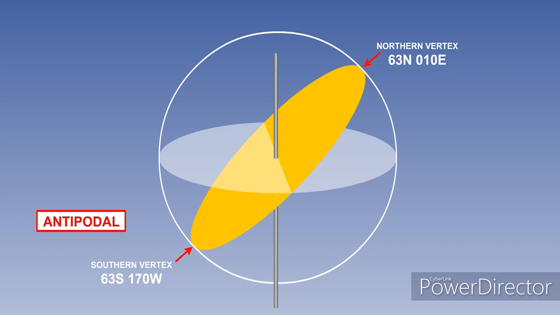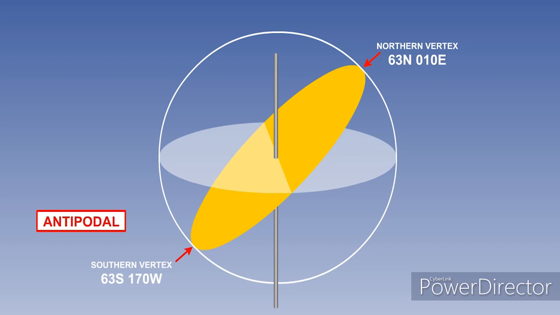In this example, the northern vertex is on the 10 east longitude meridian, and the southern vertex is on the 170 degrees west longitude antimeridian. The sum of the two longitudes will always equal 180 degrees, indicating a meridian and its associated antimeridian.